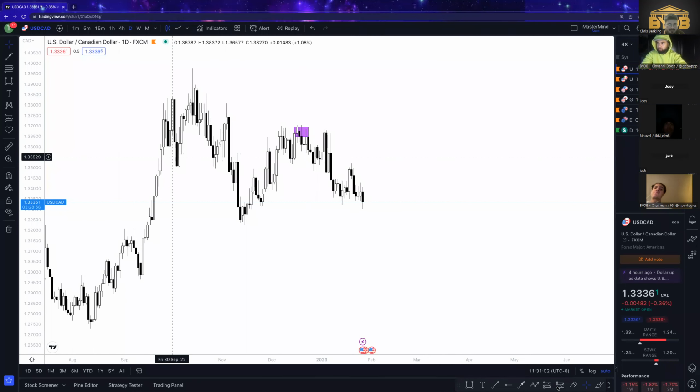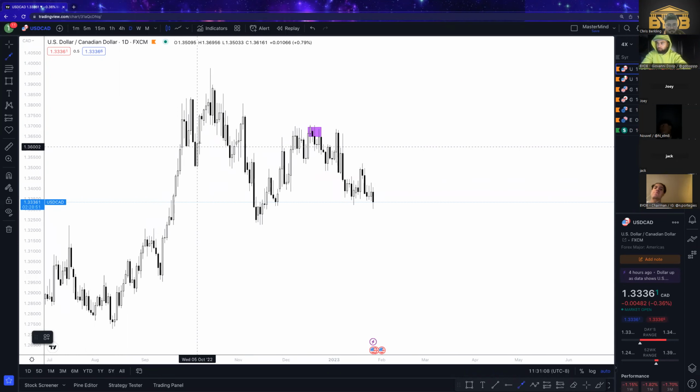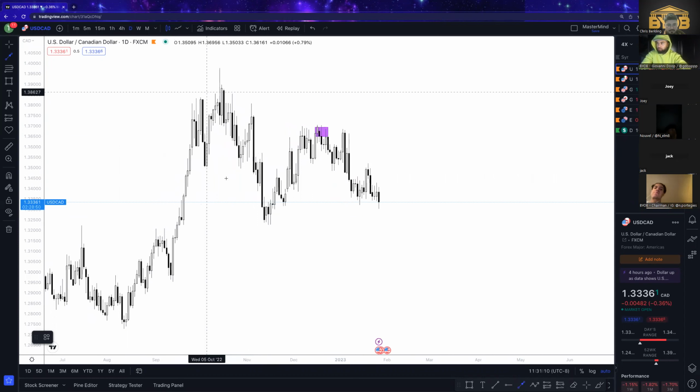Bias overall on UCAD, looking at structure, we see candles formed. Some people just see candles, some people see the bullish and bearish in between, some people see liquidity resting. There are so many different ways to look at it. Let me put this up for you guys real quick.